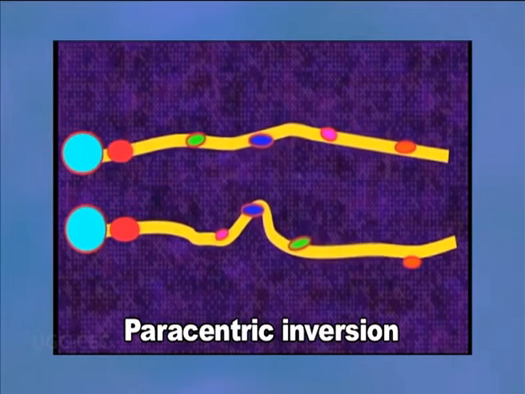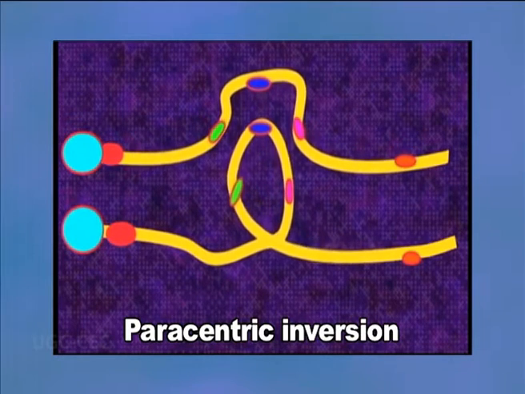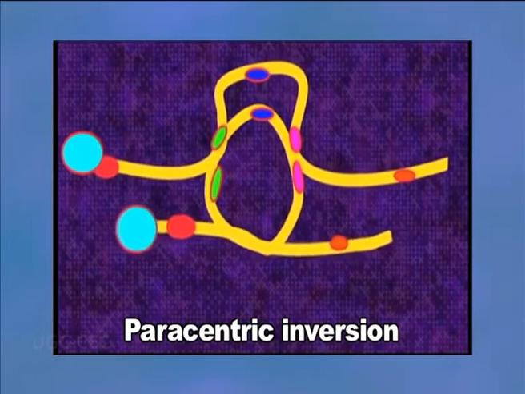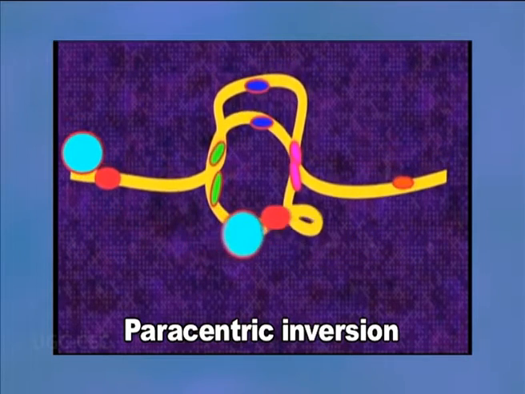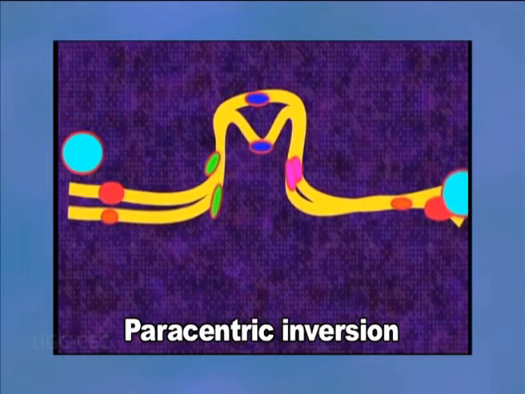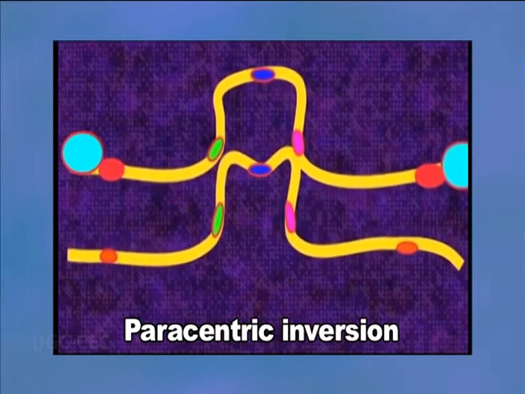The paracentric heterozygous inversion with one chiasma in the region of inversion results in the formation of an eccentric chromatid lacking centromere and a chromatid connecting the two chromosomes, thus forming a chromatid bridge between the two chromosomes.